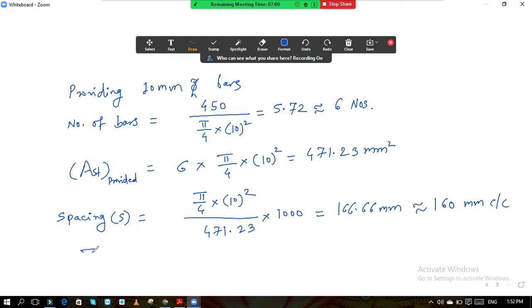So this steel needs to be provided at both faces.